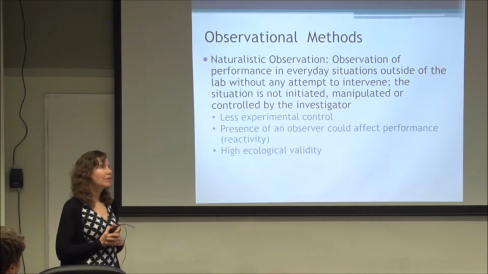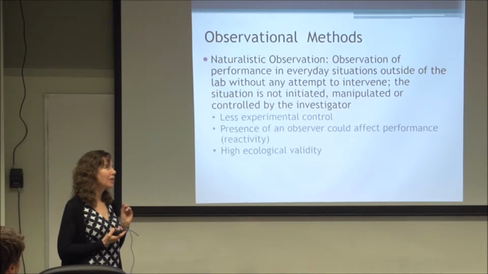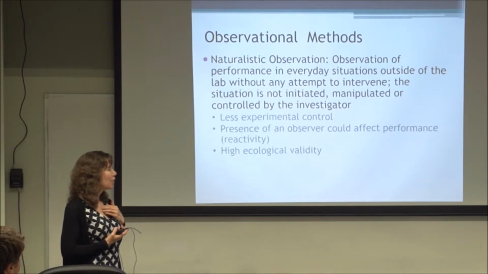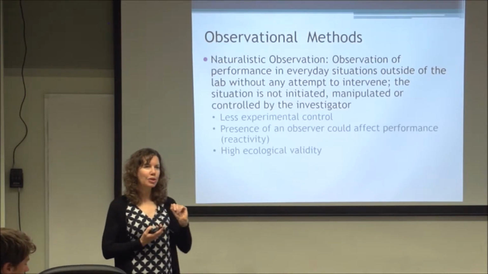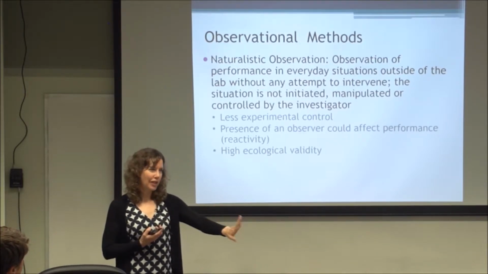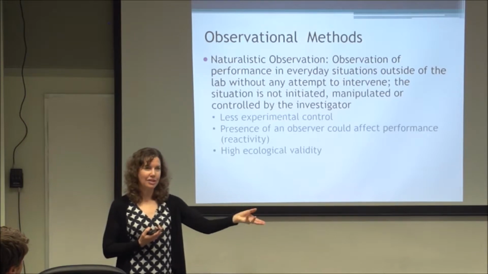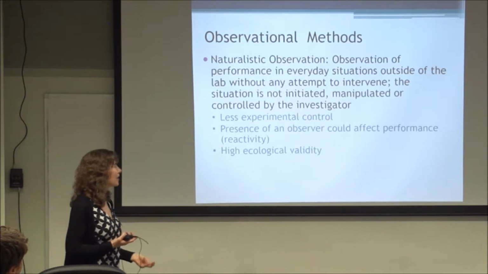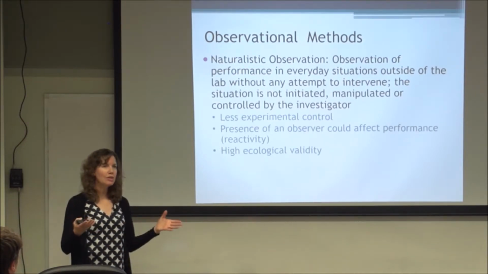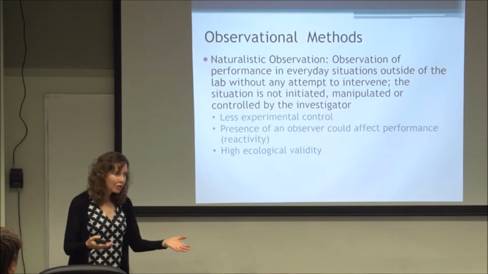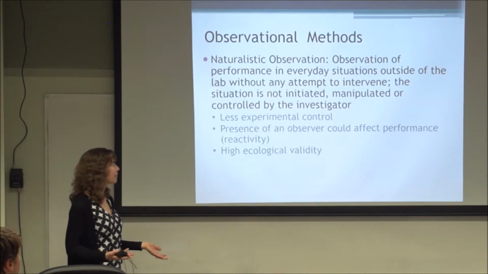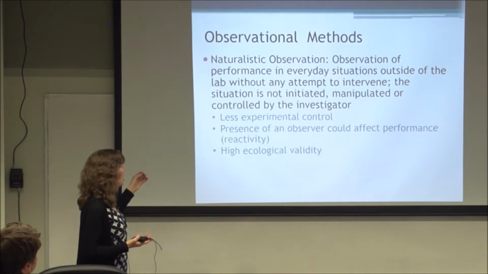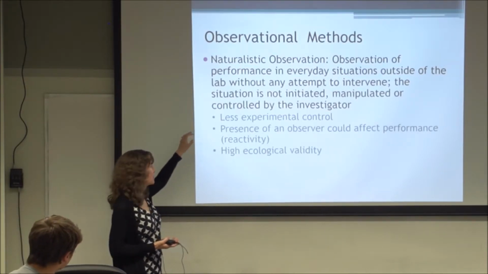So I think one of the first experiments, I think when I was teaching 198, one of the student groups wanted to look at who would press the button for the door, the handicap button, to go inside. And so there they just sat there, they observed, they didn't interfere in any way, they just took down information about what was happening. And that would be more of a naturalistic observation.